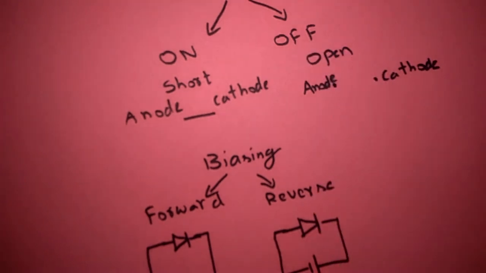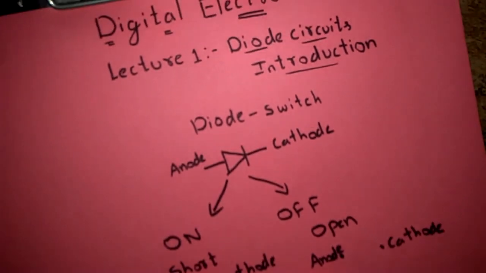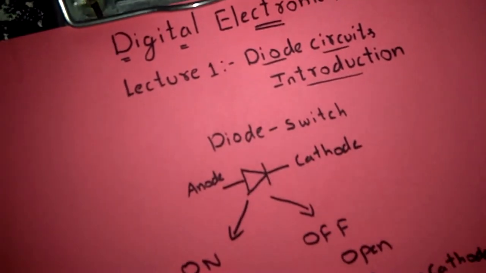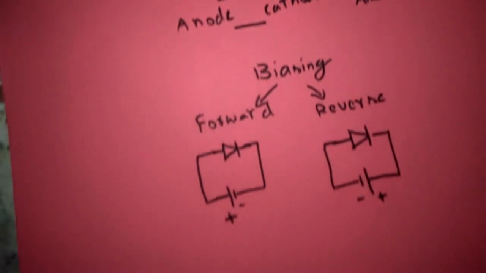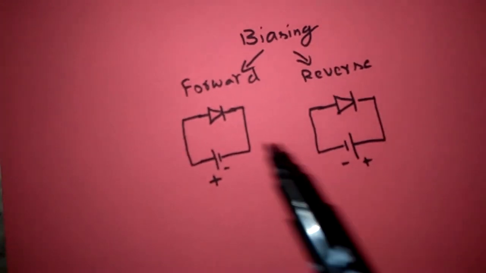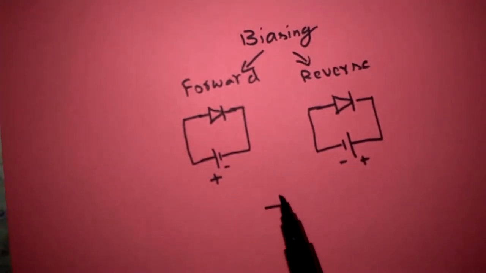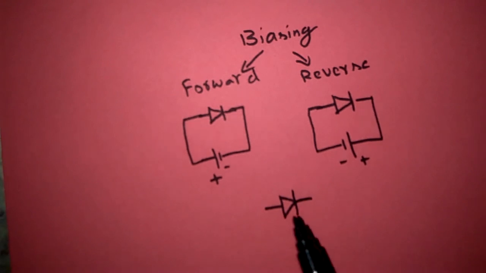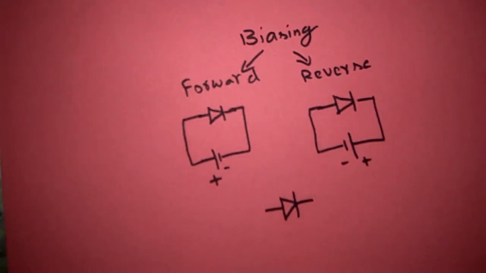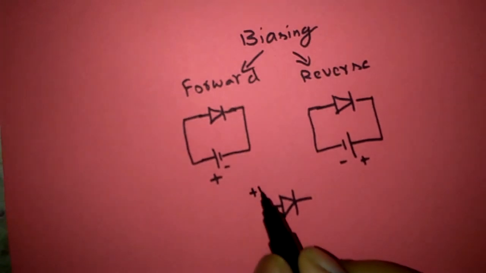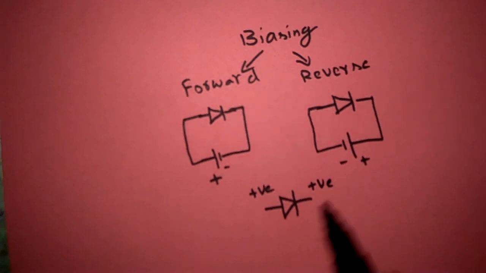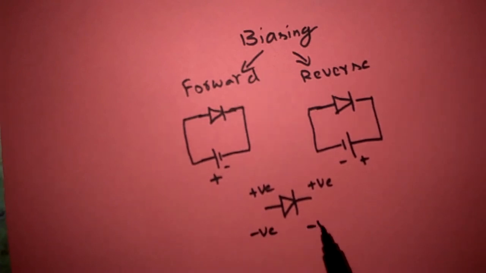But the problem is, in digital electronics, some situations will appear like this. Suppose there is a diode and it has anode and cathode, and the power supply is connected such that both the terminals are in same polarity. That means either positive voltage or negative voltage.